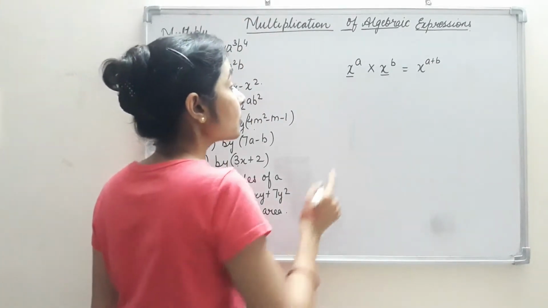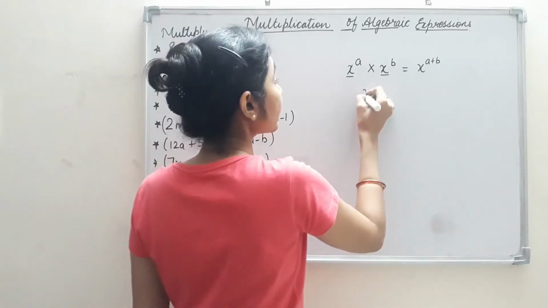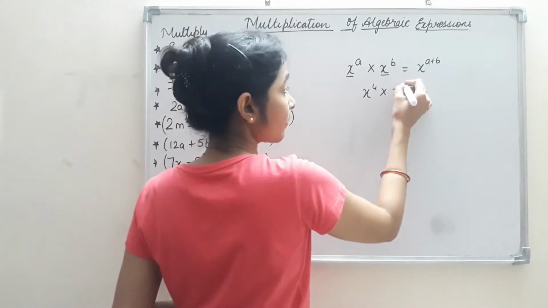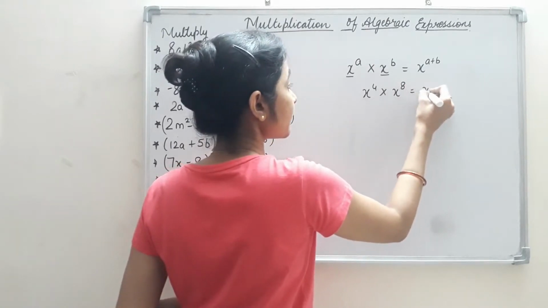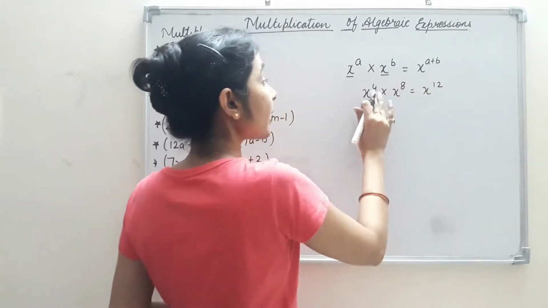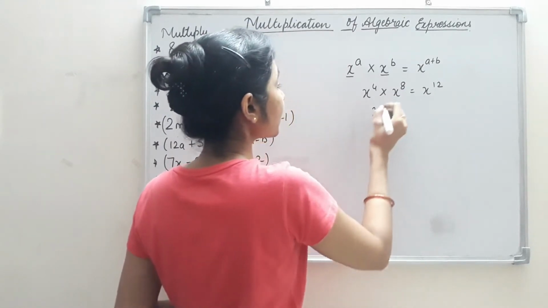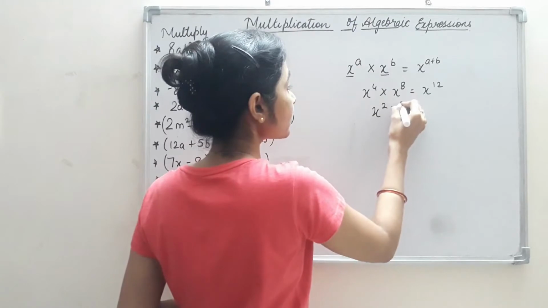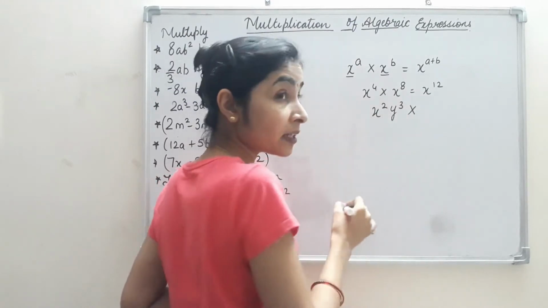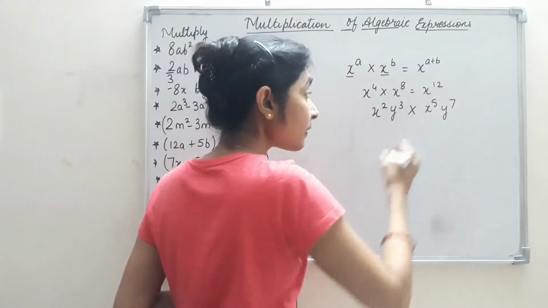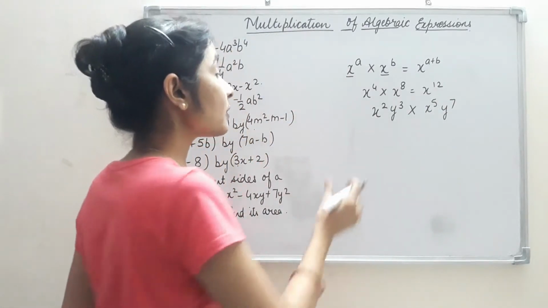So that we will easily be able to do the multiplication of variables. If I give an example, x raised to the power 4 multiplied by x raised to the power 8, then our answer will be x raised to the power 12, that means 4 plus 8. If I am given more than one variable, for example x raised to the power 2, y raised to the power 3 multiplied by x raised to the power 5, y raised to the power 7, then what will be my answer?